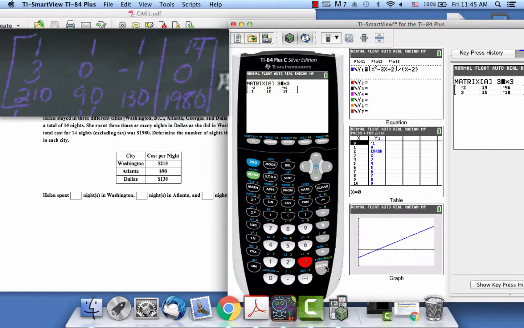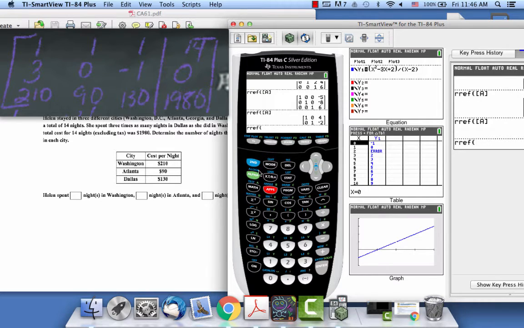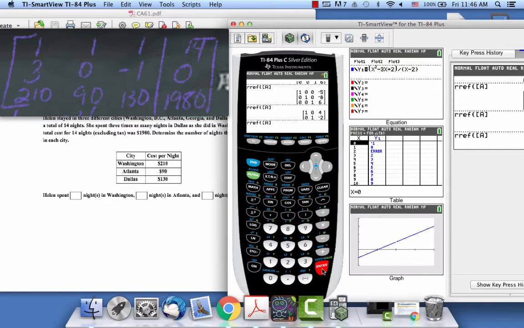So 3 rows, 4 columns. All right, so she spent 3 nights in Washington, 2 nights in Atlanta, and 9 nights in Dallas.